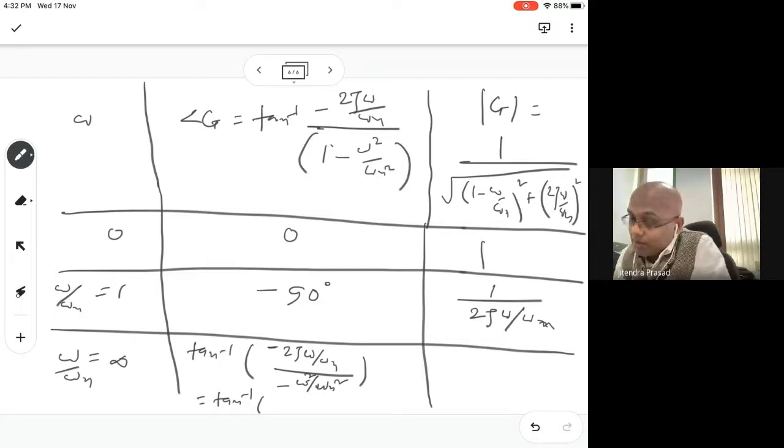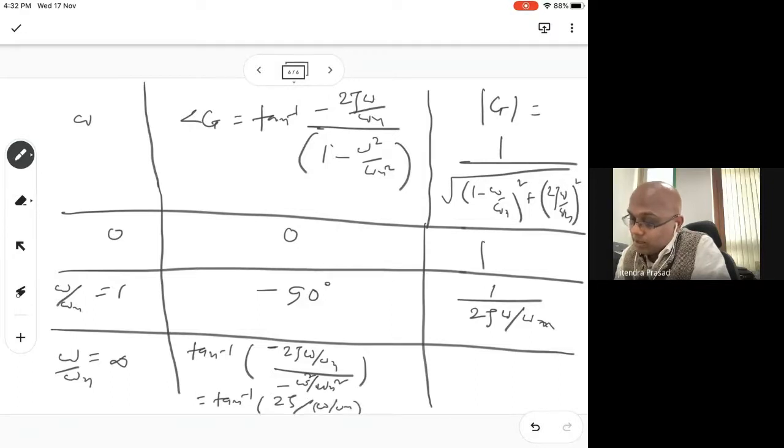What do we have finally? We have 2 zeta over omega n.